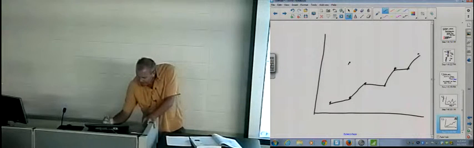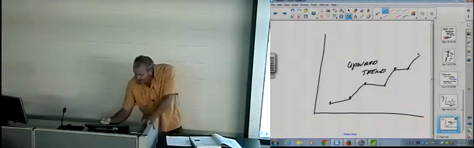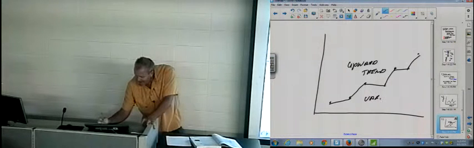It's increasing. This is an upward trend. Lower left to upper right. The value of the variable increases over time.